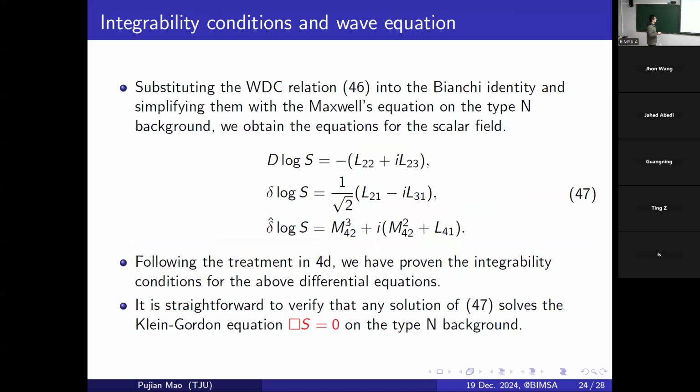We prove that the integrability conditions are satisfied. That means for any solution of the reduced 5D type N solution, there must be a Weyl double copy decomposition. Also, we prove that if your S satisfies this group of equations, S must satisfy the source-free wave equations on the type N background.